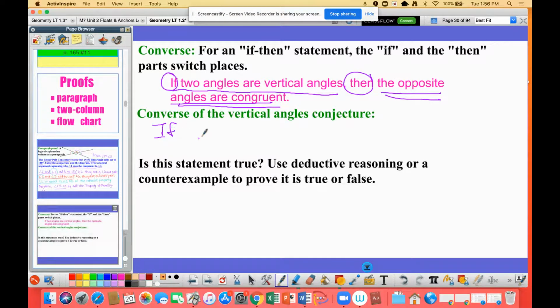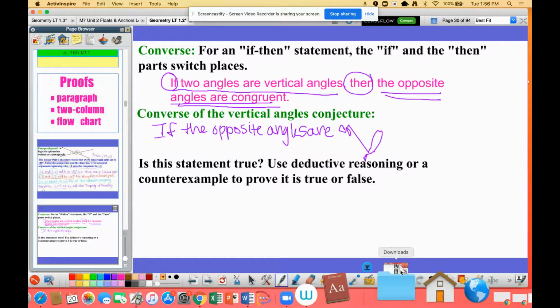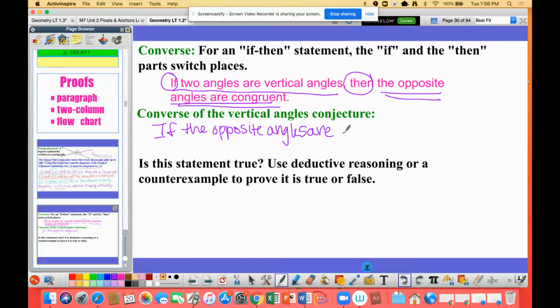So we say, if the opposite angles are congruent, then the two angles are vertical angles.